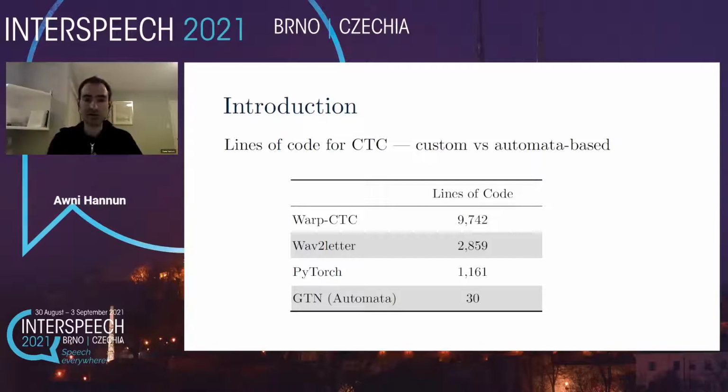This is because implementing these for the GPU especially, which requires a lot of careful optimization, is non-trivial. Now, if you implement the same algorithm in an automata-based framework with automatic differentiation, the code that's specific to the algorithm is only 30 lines. And this is almost 2 orders of magnitude reduction. So that's a big deal, in my opinion.